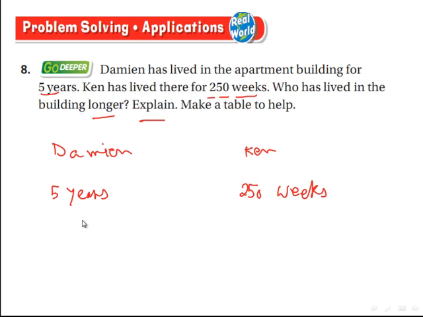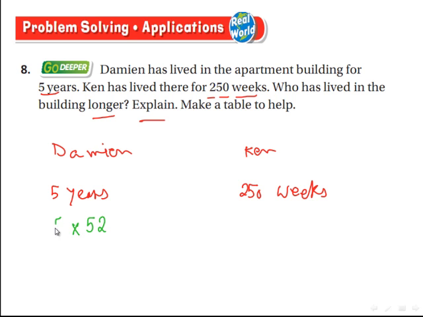The largest unit, the biggest unit, is years. Ask yourself, how many weeks are there in 1 year? And we have studied that in the relationship. There are, great, 52 weeks in 1 year.